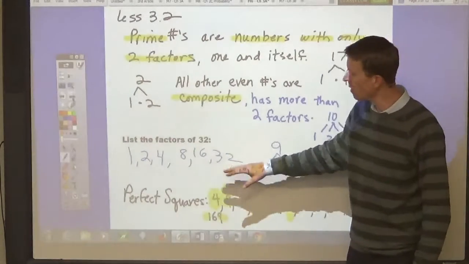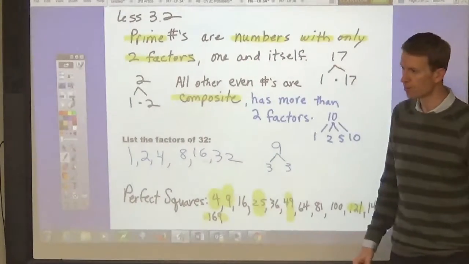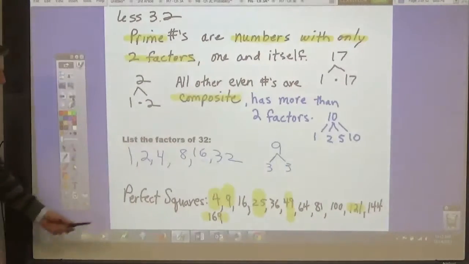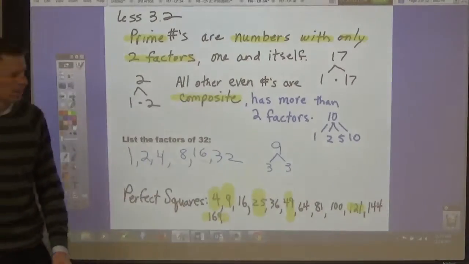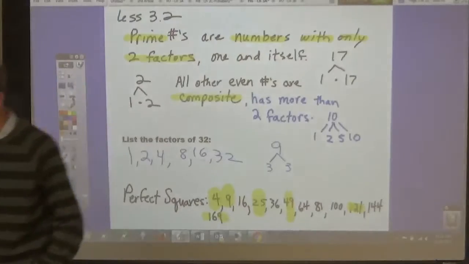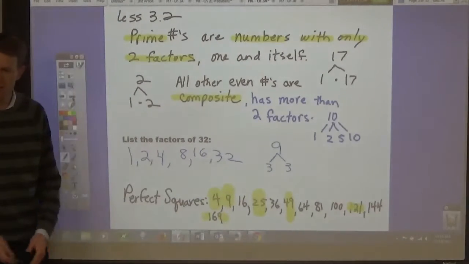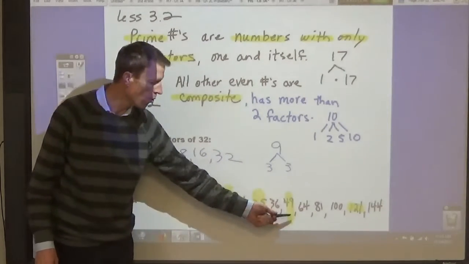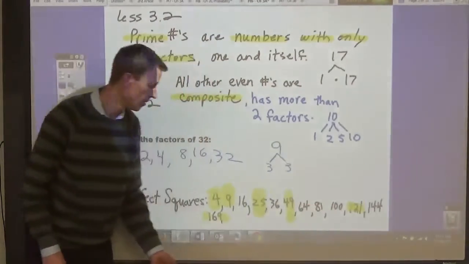So anytime you need to list all the factors, start with the outside numbers and work your way in. Then, I gave you a list of the perfect squares. It's important to know what those are, especially the ones like 25 and 49 and 121.